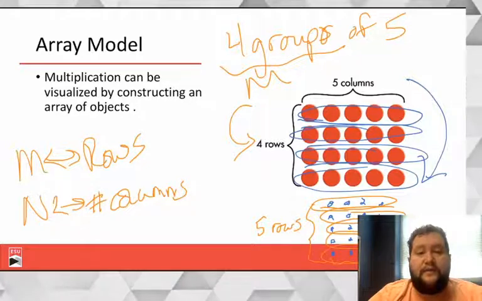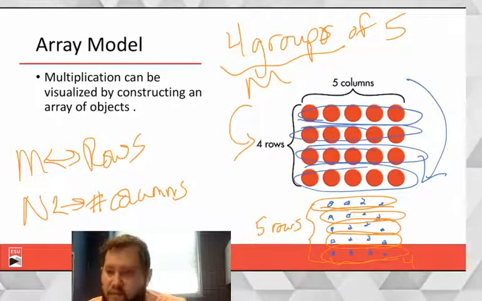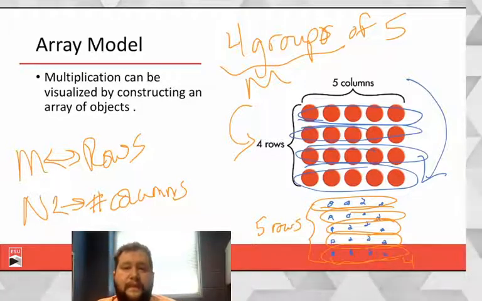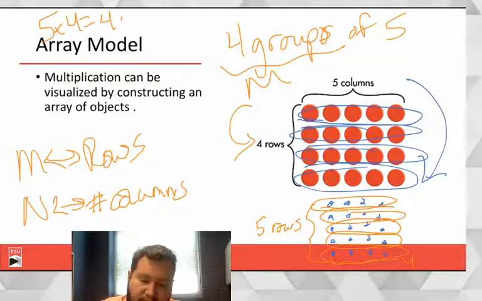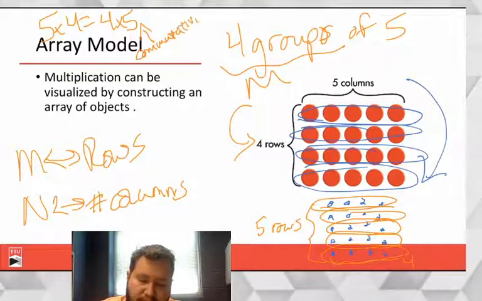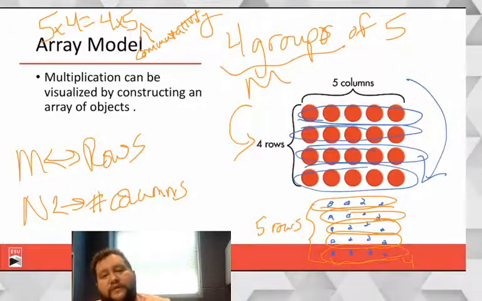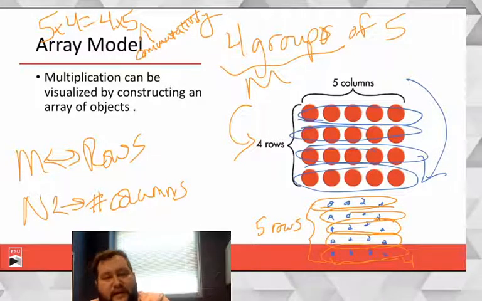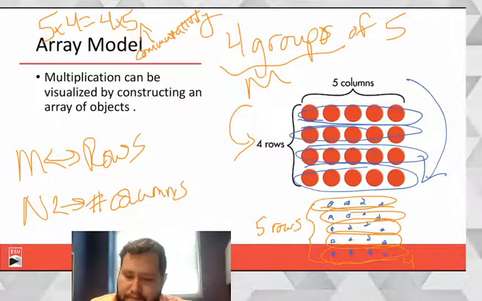We can already start to see that 5 times 4 is the same as 4 times 5, right? And that's called commutativity. And so if we have m rows times n in each row, that n corresponds to the column.